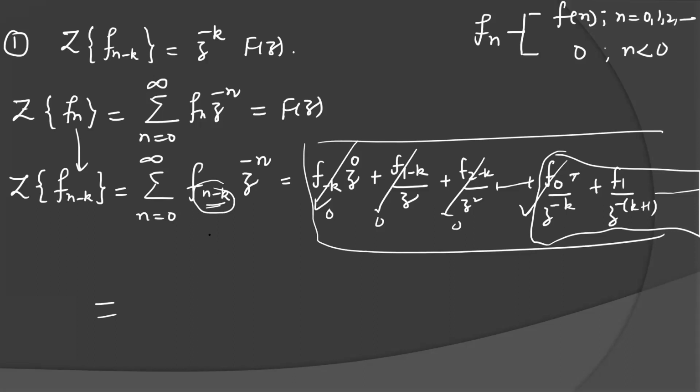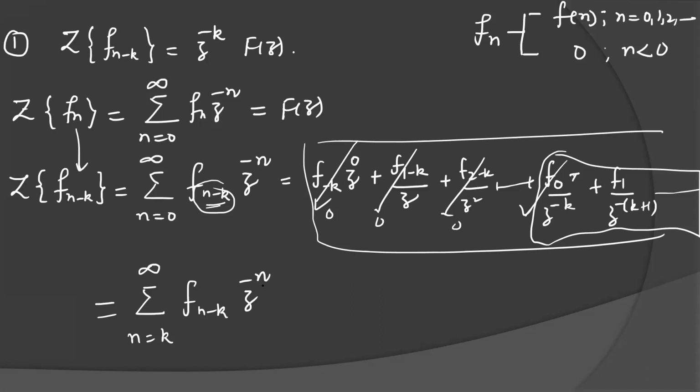So to make f0, you have to put n equal to k. So replace n equal to k, because from k onwards this is valid, and before k the value of the f sequence is 0, so that is meaningless here. So it will be f of n minus k, z to the power minus n.